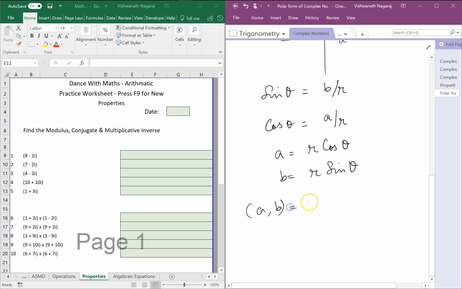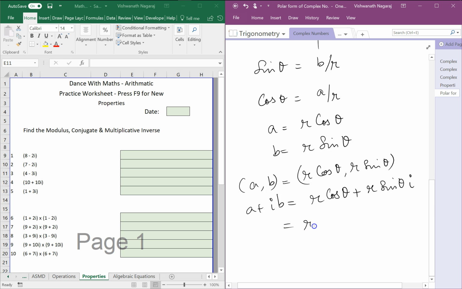Okay, so this can be written as r cos theta comma r sin theta. In other words, a plus ib can be written as r cos theta plus r sin theta i.